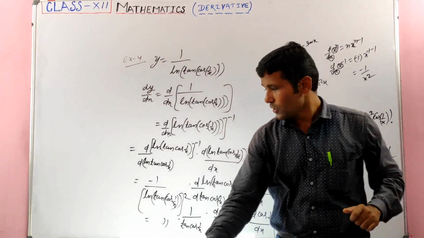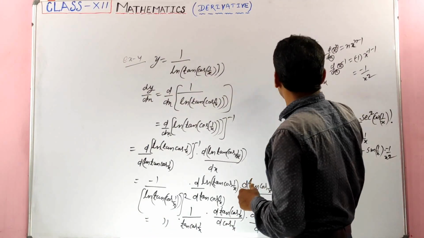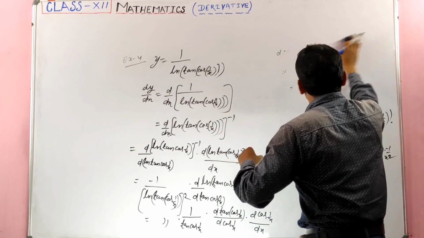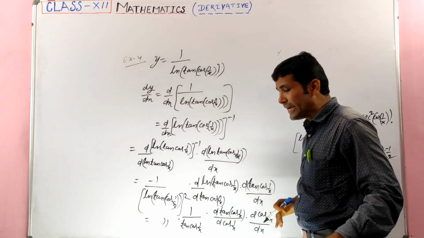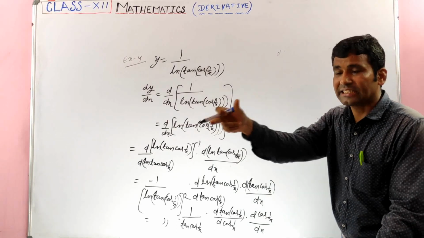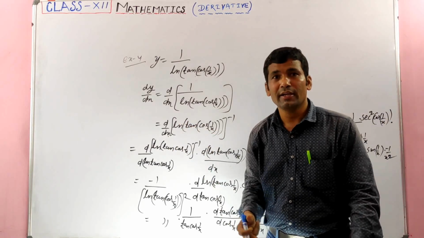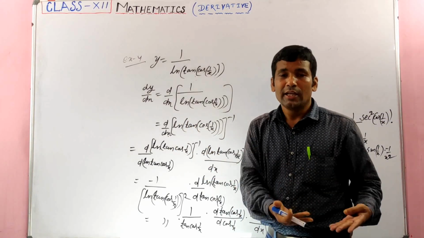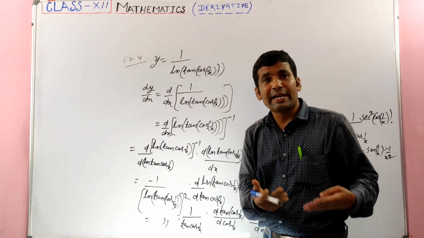Now, the answers remain. Wherever there is the symbol d by dx or d, in the next step the answer will be found. If d is eliminated, that means we have applied the formula.